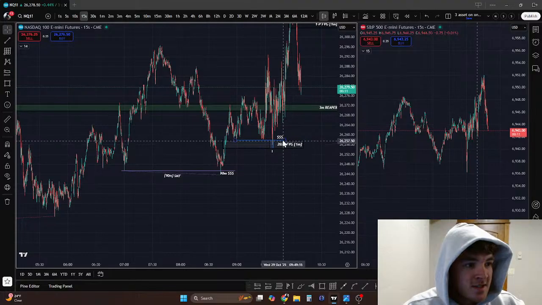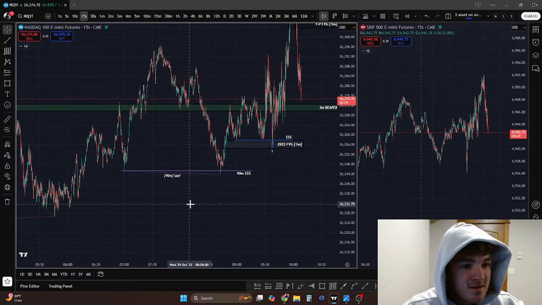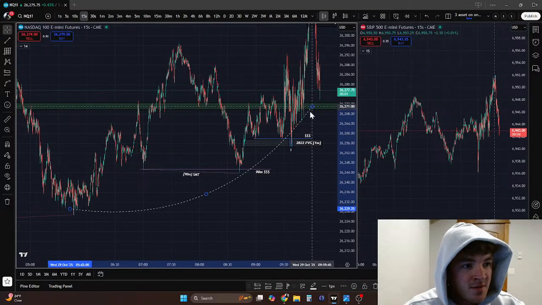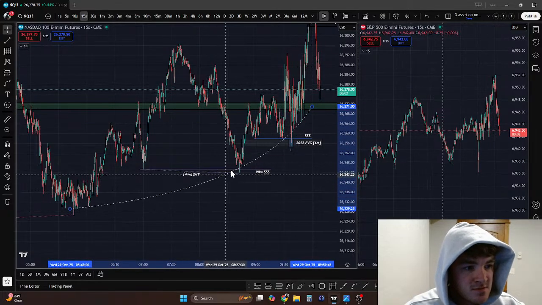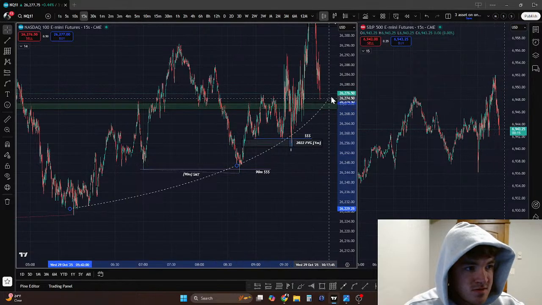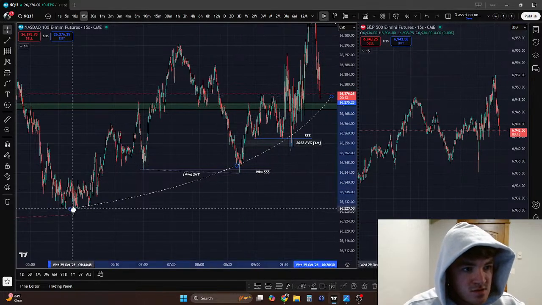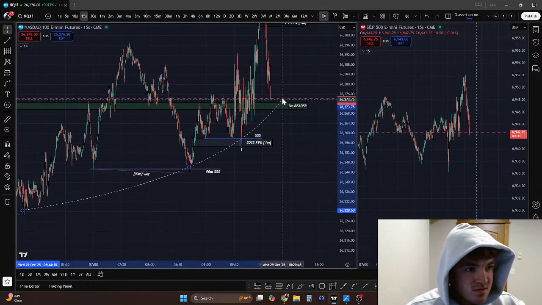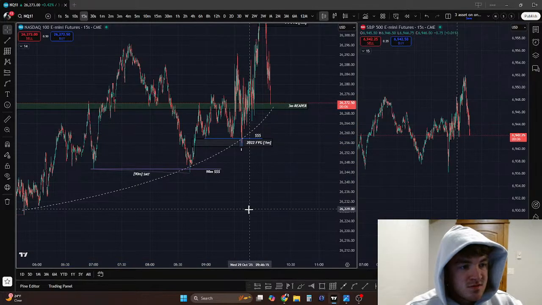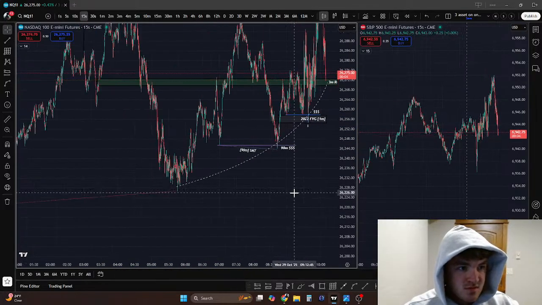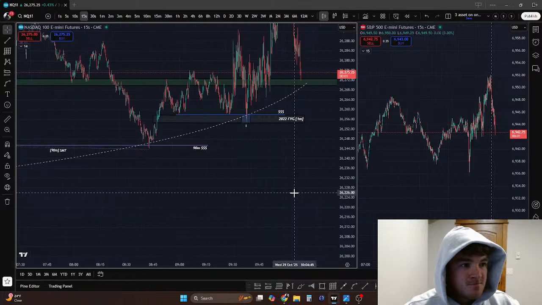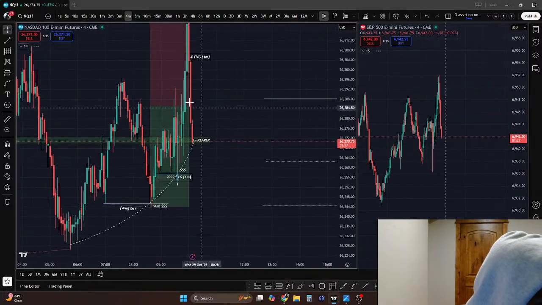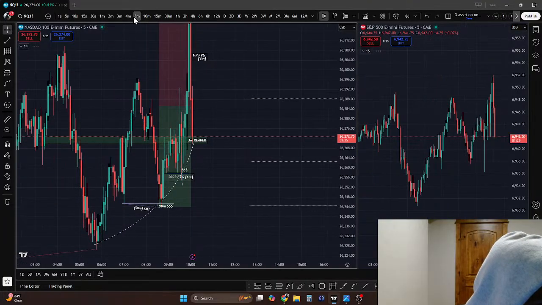I want to see this stay high resistant, unless it's really obvious that we're going to go lower. Did it inverse it? Oh, it inversed it.